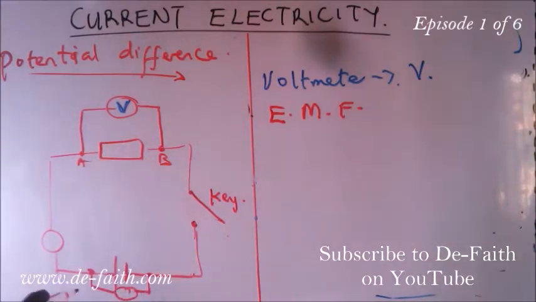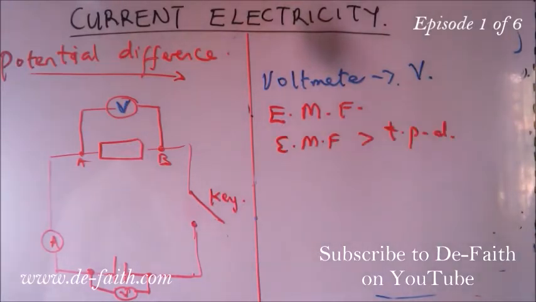When we measure the potential difference between these 2 points, what we are going to get is the EMF. The EMF is the potential difference between the two terminals of a cell when it is not delivering current to the circuit. So when you measure the potential difference here, what you will get is the electromotive force. And in most cases, the electromotive force is greater than the terminal potential difference.